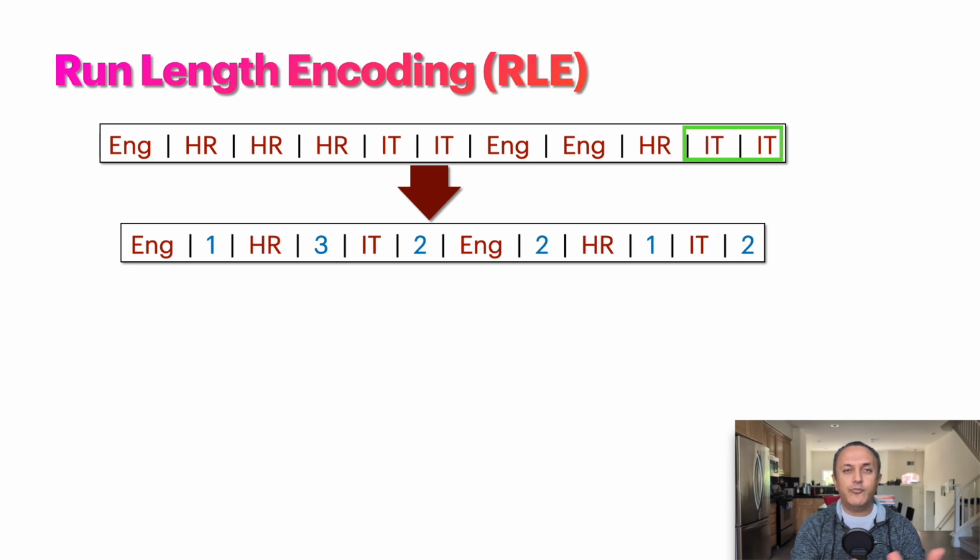Now, any compression algorithm has best case scenarios and worst case scenarios. The worst case scenario here, what would that be? The worst case scenario here is if there are no consecutive repetitions at all. Like you see engineering followed by HR, followed by IT, followed by engineering again, followed by IT again. So each value appears only once in a row.